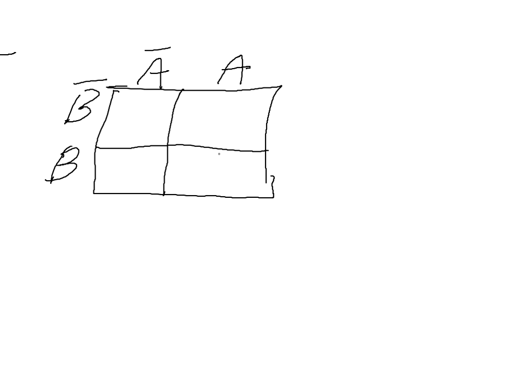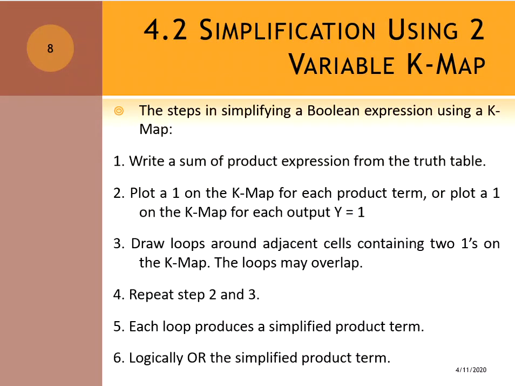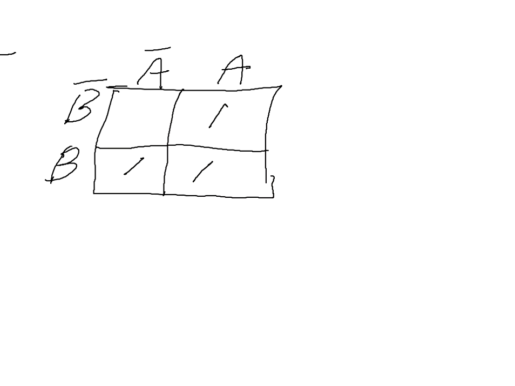So, the rest of the outputs will be 1. So, we can directly plot 1, 1, 1. So we plot 1 on the K-map.